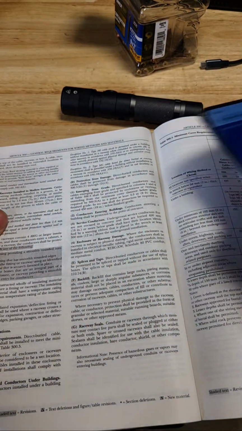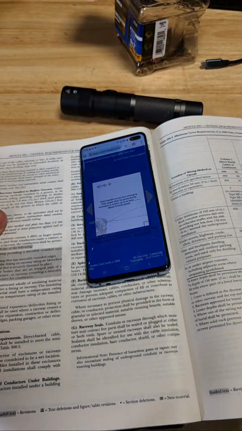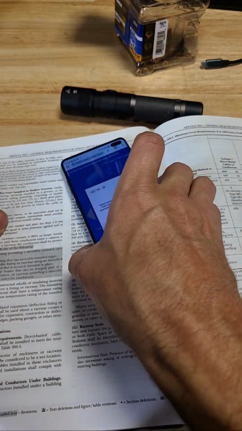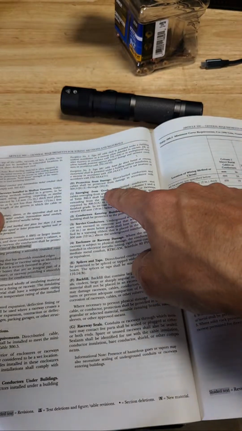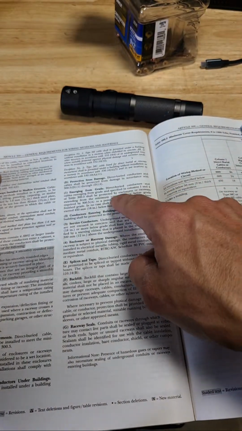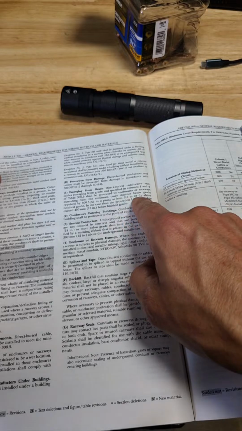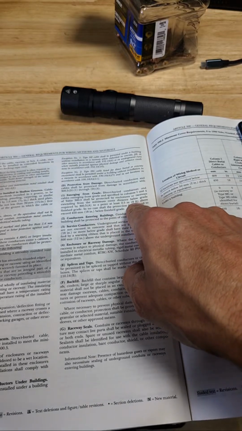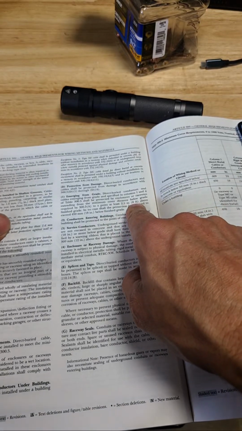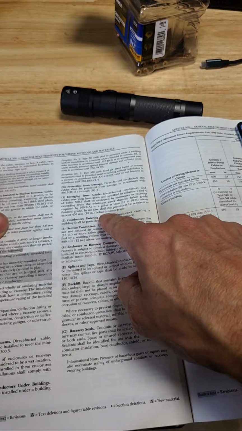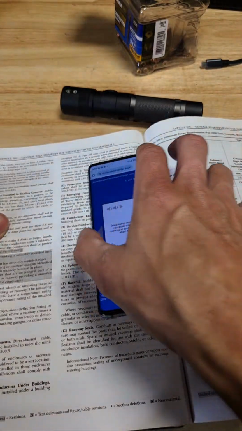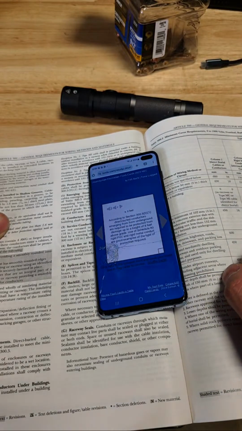So emerging from grade, direct burial conductors, it looks like it's going to be 8 feet above the finished grade, and then 18 inches below the finished grade. So 8 feet.